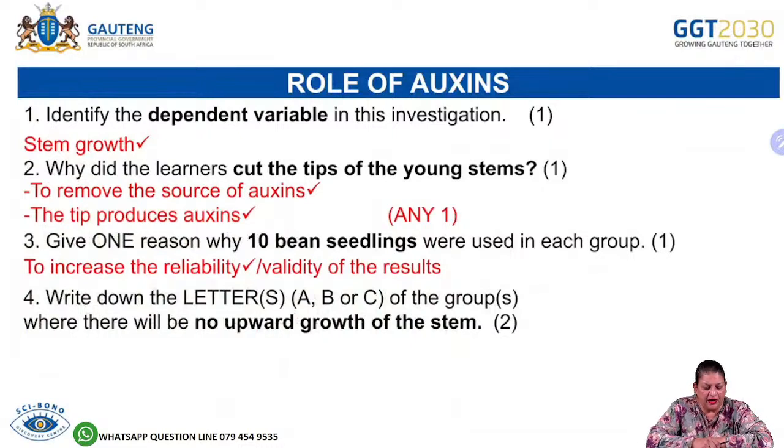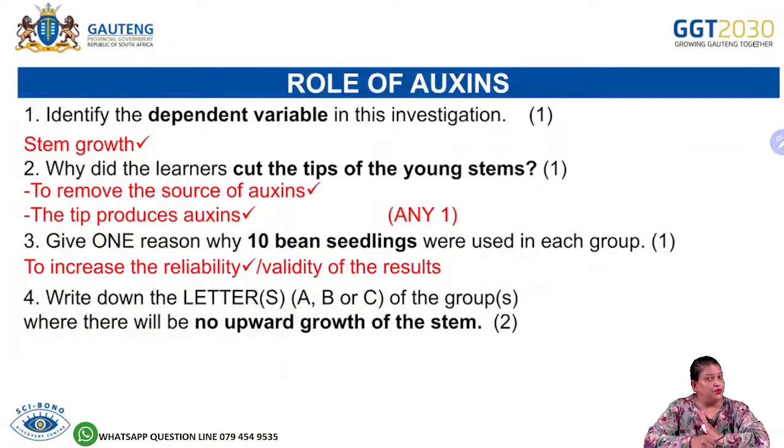Right, write down the letters A, B, or C of the groups where there will be no upward growth of plants. So learners, remember that in A, the stem tip was cut with auxins and replaced. So nothing was separating the stem tip now. It was just cut and placed back, which means auxins moved down in A. And in B, remember it was just cut off.